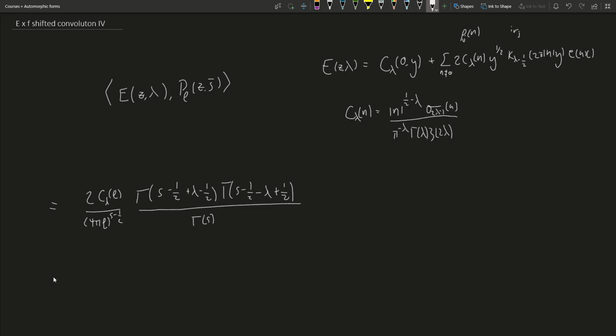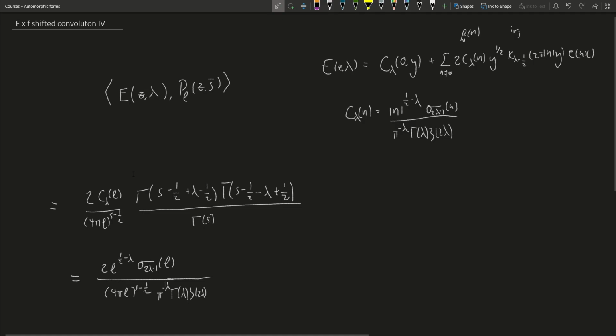And now we might as well stick this back in. L is assumed to be positive, so we can drop this absolute value, and we end up getting that the inner product here is equal to 2 times L to the 1/2 minus lambda sigma sub 2 lambda minus 1 of L over 4 pi L to the S minus 1/2, and then the same, and then we have our completed zeta function, pi to the minus lambda, gamma of lambda, zeta of 2 lambda, and then we have our gamma functions.